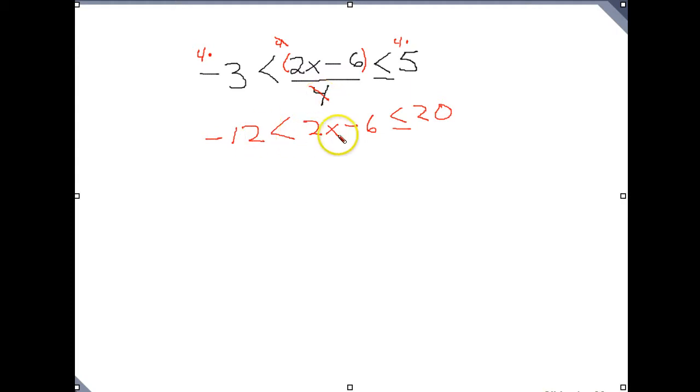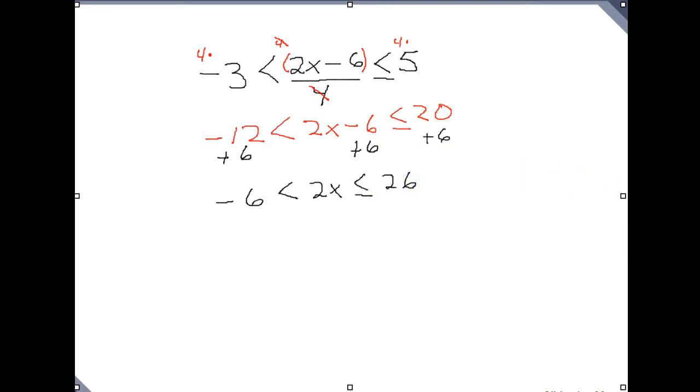Okay, now we want to isolate the 2x first. So we're going to add a 6 here, add a 6 there, and add a 6 there. So this is going to become negative 6 is less than 2x is less than or equal to 26.